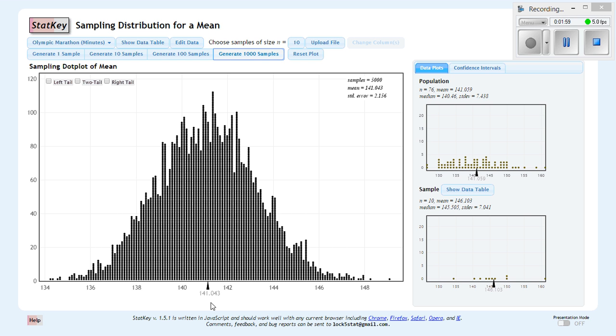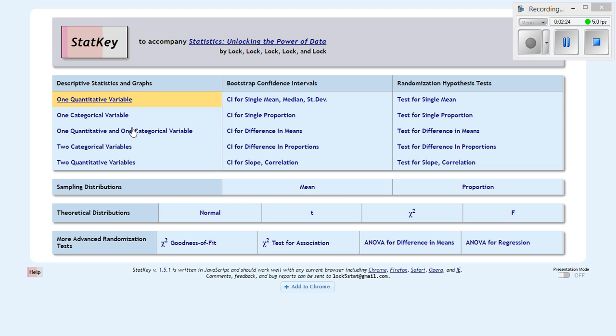So once you get enough samples, the statistic that we're concerned about, for the most part, matches the mean of your population. Now, notice the standard deviation of our sampling distribution is up here. That's your standard error.